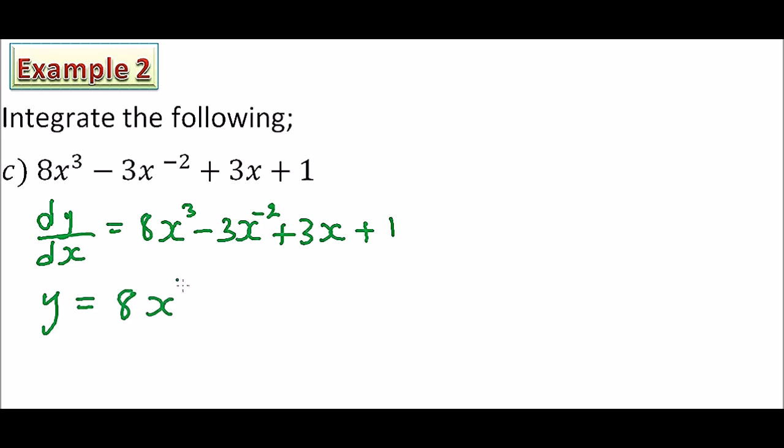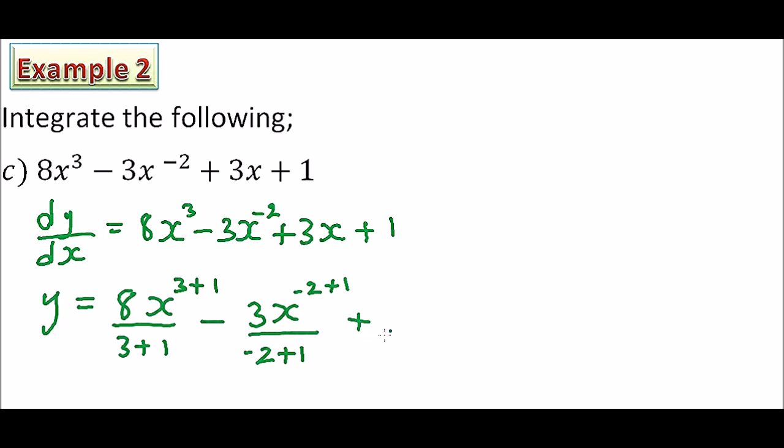8x to the power 3 plus 1. We divide with the new index, which is 3 plus 1, minus 3x to the power minus 2 plus 1. We divide with the new index, this minus 2 plus 1, and then we have plus 3x raised to power 1. So we add 1, we divide by 1 plus 1, plus.